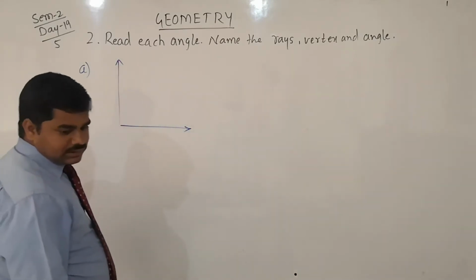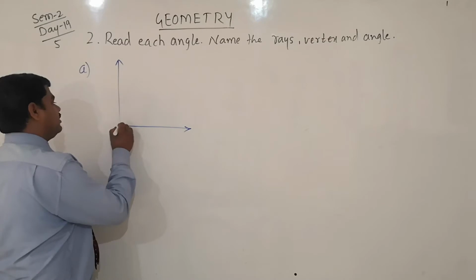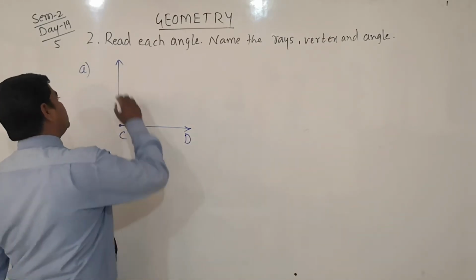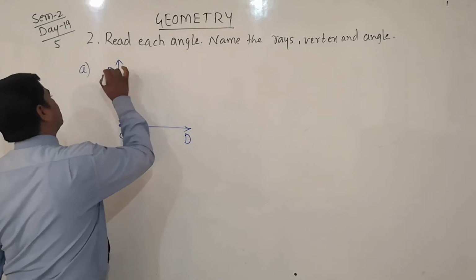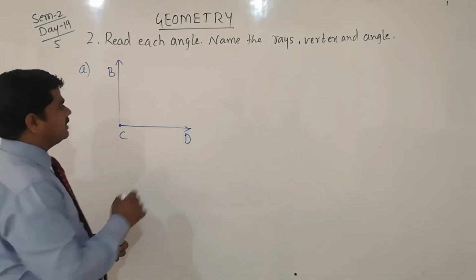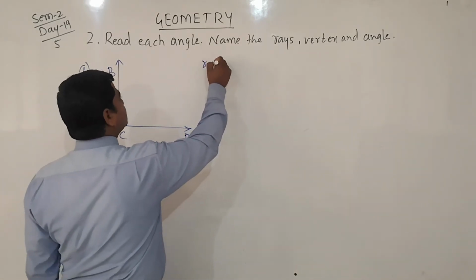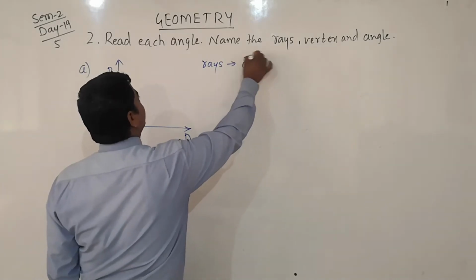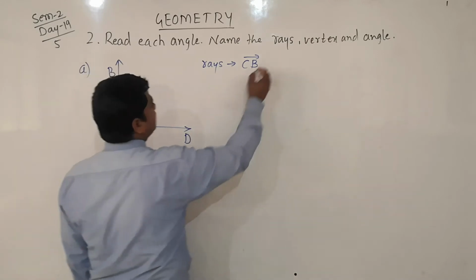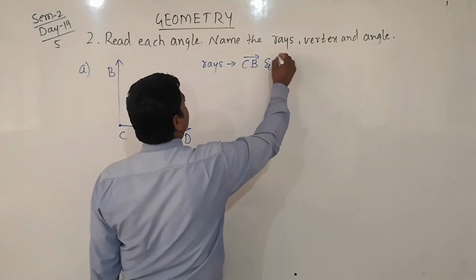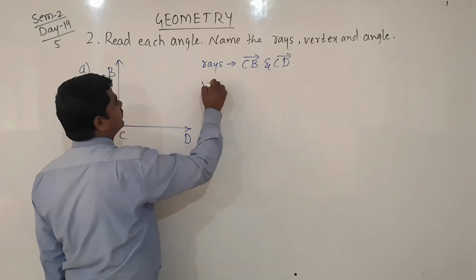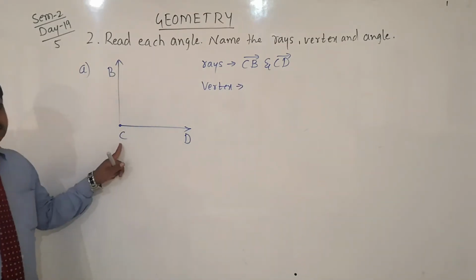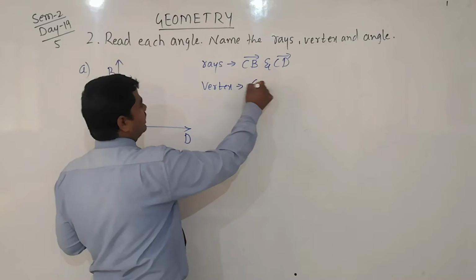Yes. Here C is the vertex, CD is the ray, and CB is the another ray. Rays, right here separately. What are the rays? Rays are CB and CD, two rays. Next vertex. Which is the vertex? C is the vertex.